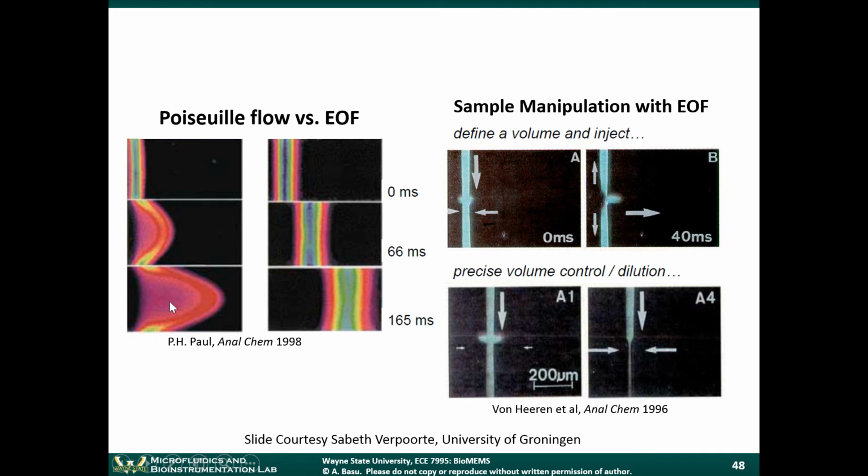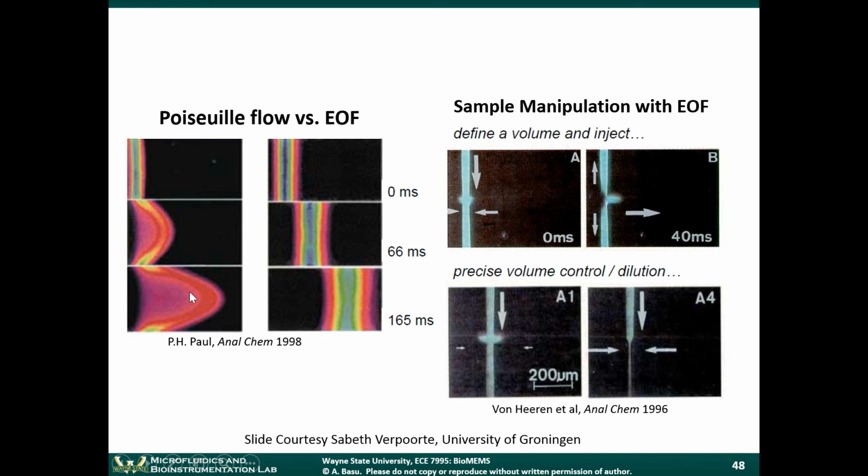Suppose you were to inject a sample into your channel. Ideally, we'd like the sample to just stay like a band the way it is. But because Poiseuille flow has a parabolic flow profile, this sample actually gets distorted and spread out into more of a parabolic shape, and this causes whatever was in the sample to mix with each other.